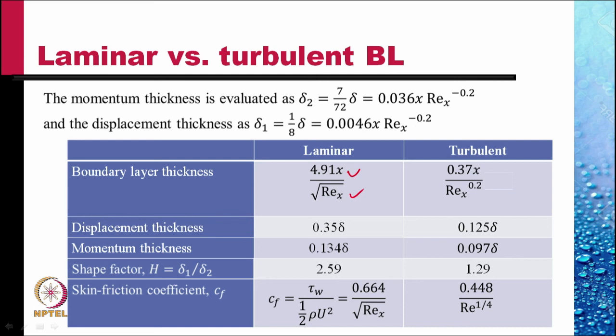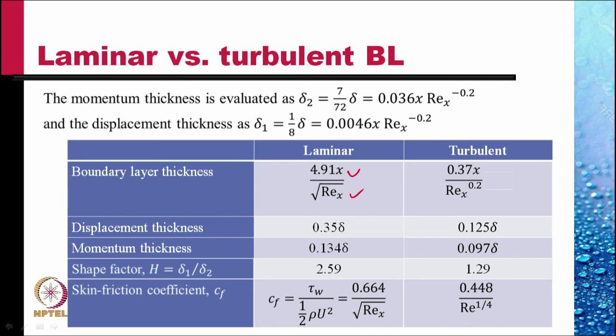The displacement thickness in laminar flow is about 1/3, a little more than 1/3 of the boundary layer thickness, but in the turbulent flow, it is only 1/8. The deficit of mass flow is much less.